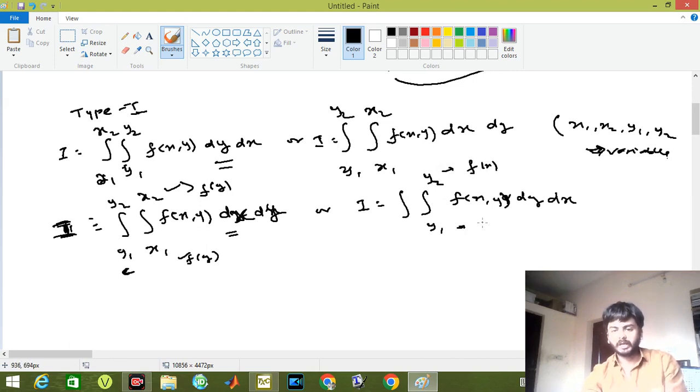Then you have to do this integration first, then apply the limits which have the variable x, so all the terms will depend on x. Then you can integrate with respect to x and apply the next limits x1 to x2. These limits may be constants.